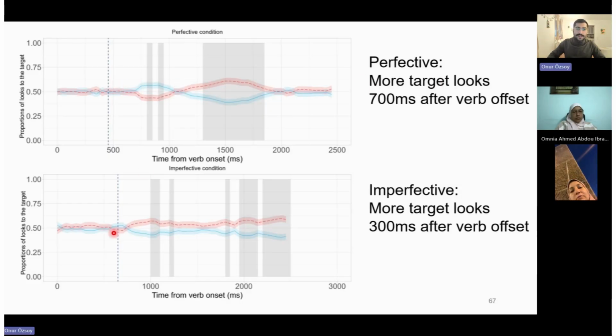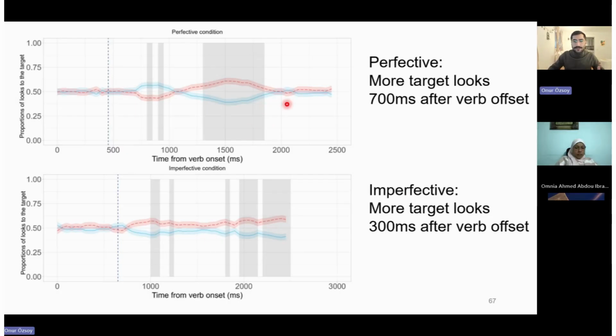And this happens much faster in the imperfective condition, right? So the correct looks are already significantly higher 300 milliseconds after they hear the verb. Which means the effect is there in both studies, but the imperfective is perceived as stronger, which says something about the nature of the imperfective versus the perfective in Turkish.